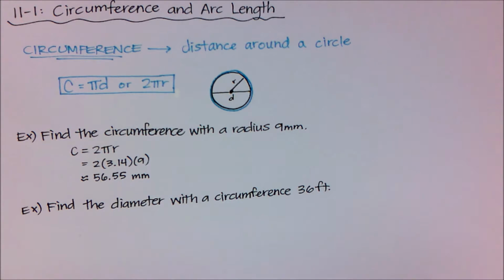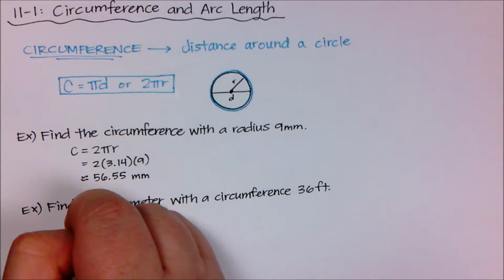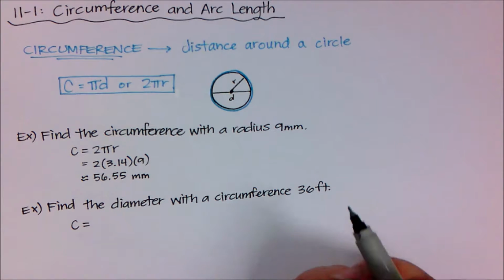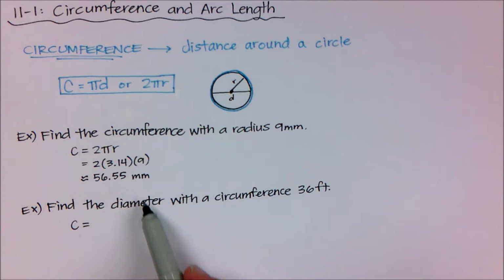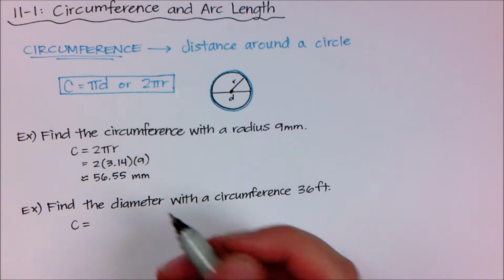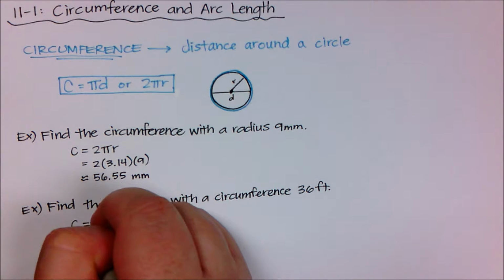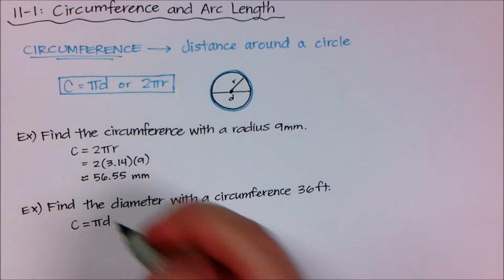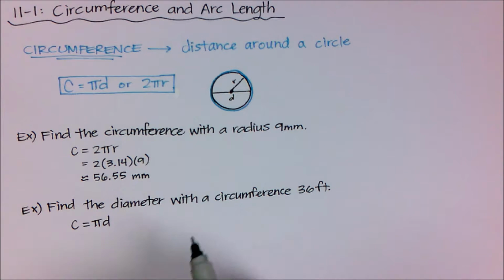The second problem, we're asked to find the diameter when we're given the circumference that's 36 feet. So again, let's write our formula. Circumference equals, since I'm looking for the diameter, I'm going to use the formula that has the diameter in it, so pi times diameter. Let's fill in what we know.